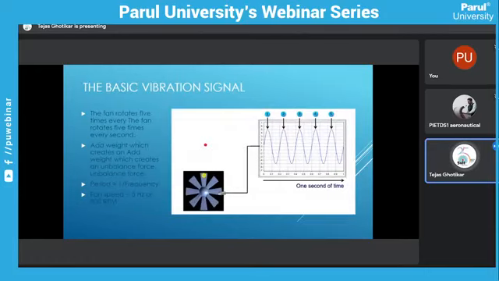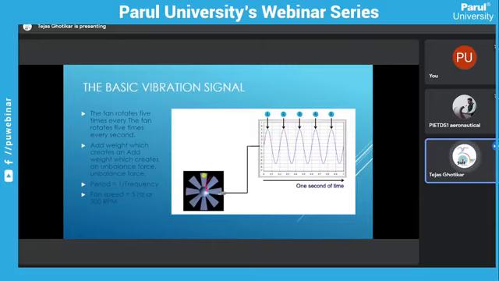Now we are going over one small example of vibration monitoring. Here we have one fan, and we have a proximity sensor figuring out its motion.